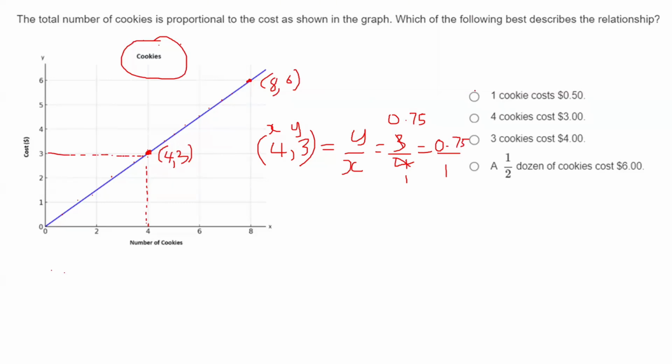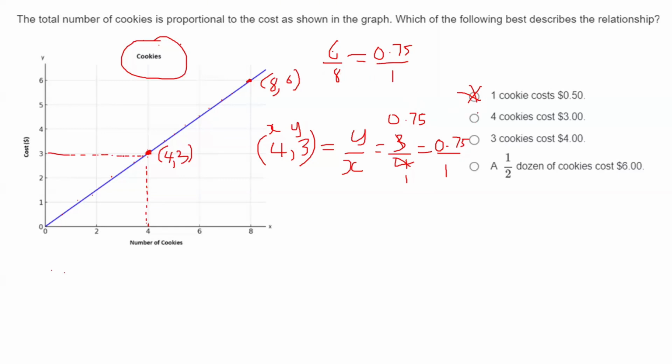Therefore, this statement is not true about the graph. I could also take the other point and do the same thing, and I will end up with the same: for one cookie, it costs 75 cents.